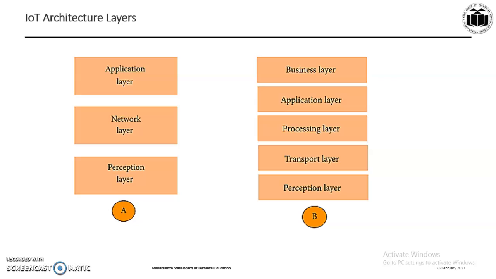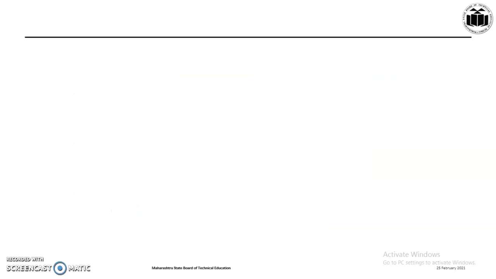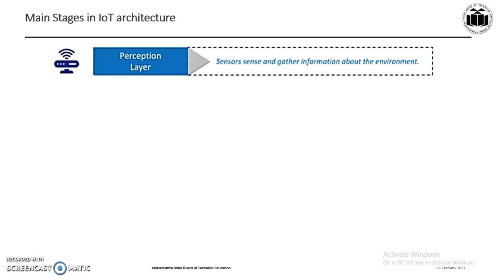Now let us see the stages in detail. The first layer in IoT architecture is the perception layer. As we have talked about, perception means the ability to understand a thing. That is, it is a sensory experience of the world.